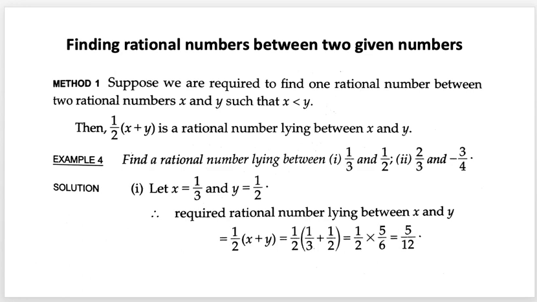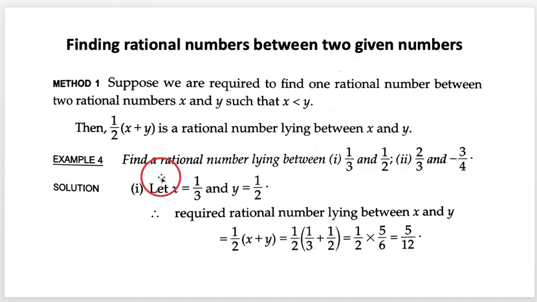Now next is finding rational numbers between two given numbers. Here we will learn three methods. This is method 1. Suppose we are required to find one rational number between two rational numbers x and y such that x is less than y.